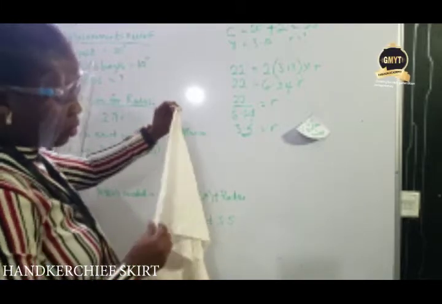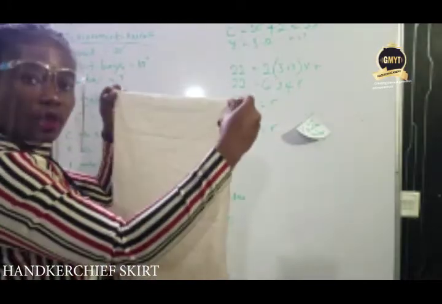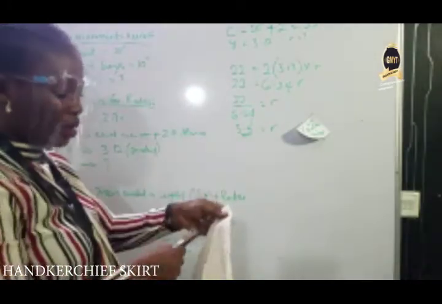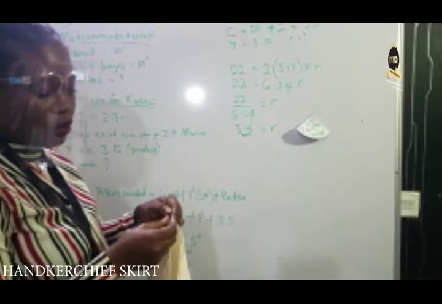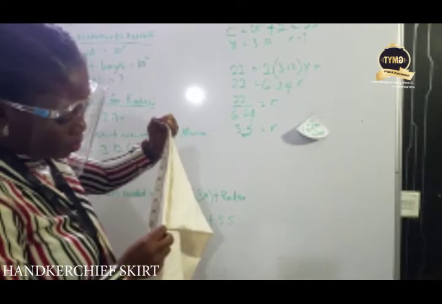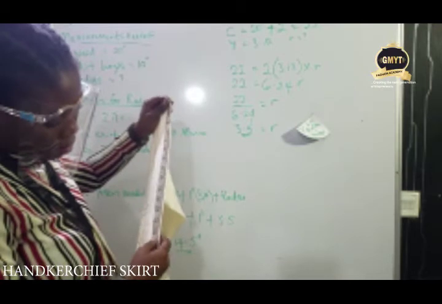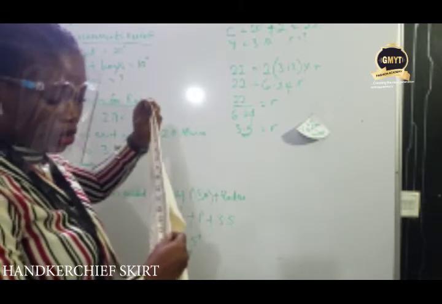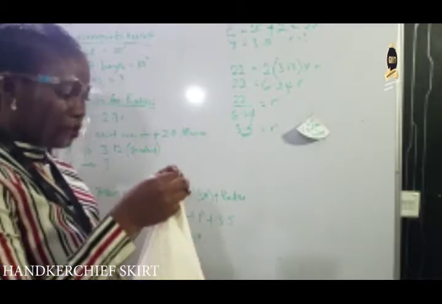Fold it into 2 equally. Then I come to this side, I measure 14.5 as well. Then I fold this part too into two, like that.